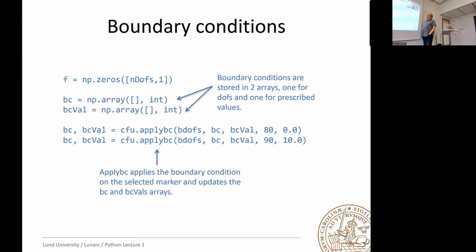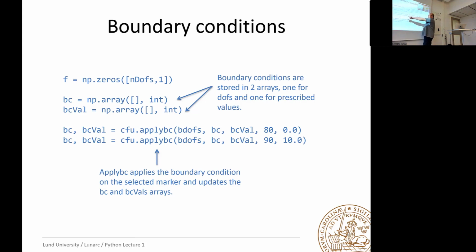So now we also have to specify boundary conditions and loads. We create our load vector here, f = zeros(ndofs, 1). We create one array. So this is a bit different from MATLAB CALFEM. So we have 2 arrays for specifying the boundary conditions. One defining which boundary conditions are prescribed, and one array containing the actual values that are prescribed.